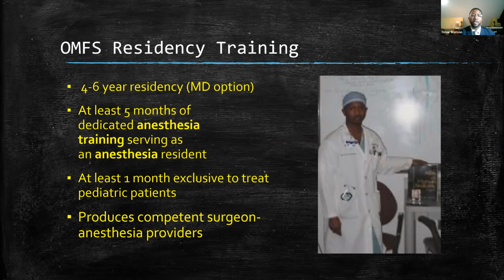And we do at least 1 month exclusive to treating pediatric patients. So you can guarantee that that produces a competent surgeon and anesthesia provider. The only people who are trained more in anesthesia are the nurse anesthetists and the anesthesiologists. Even emergency medicine doctors literally do about a month and they only learn how to intubate for the most part. So this can make us a target, as we know.